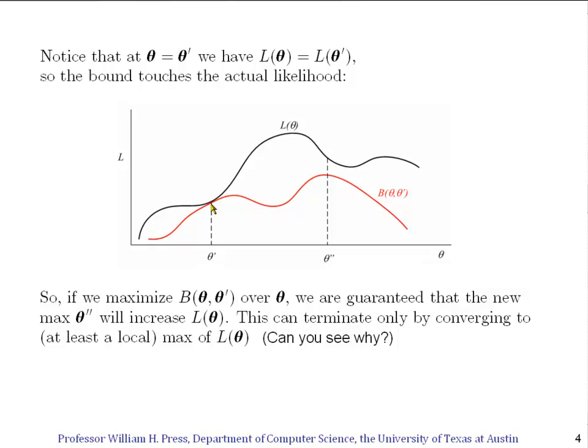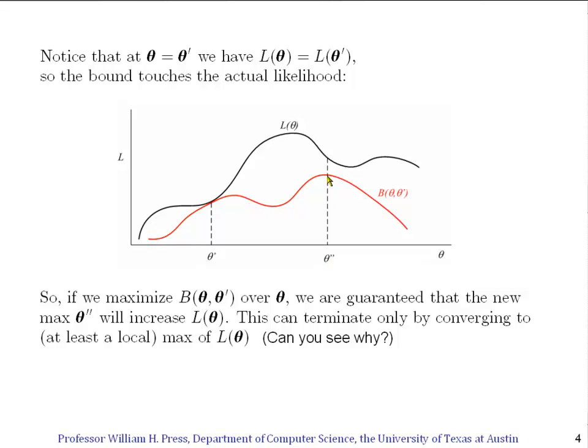Then we compute the B function. We know that the true likelihood function at that value of theta prime has the same value. Now we maximize the B function over theta. Now we could either do that locally, ending up here, or as I've shown here, we might be lucky enough to have some way of doing it globally, ending up here. And that's our new guess, theta double prime.